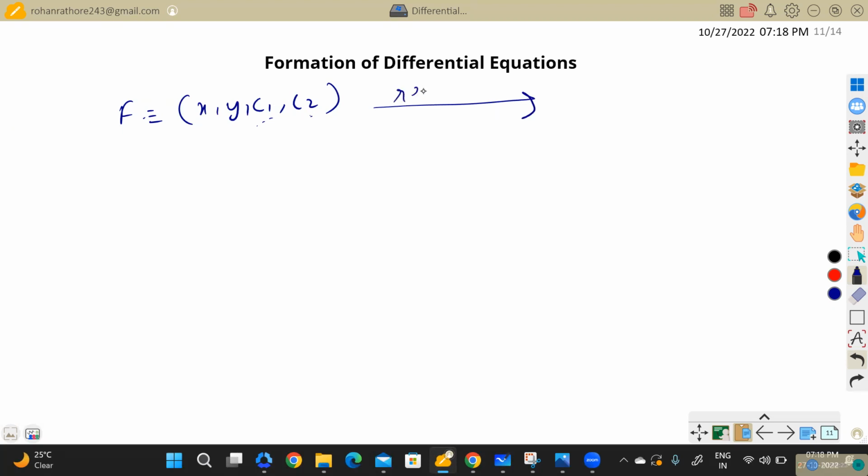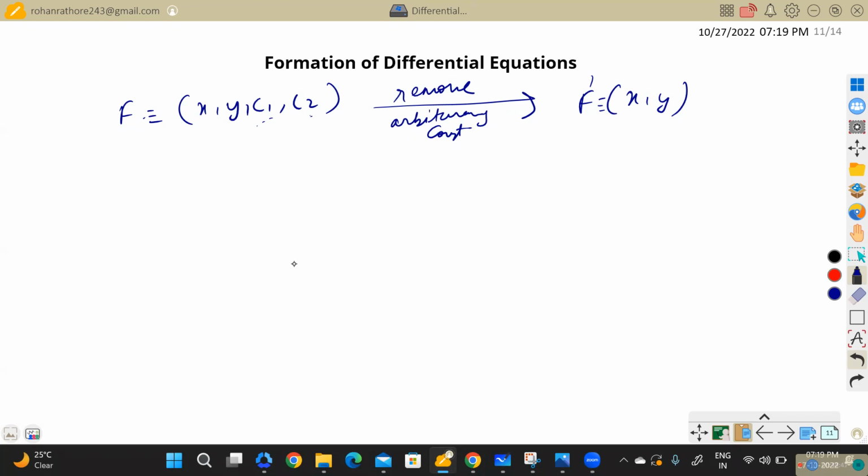You have to remove arbitrary constants to get something like f dash of x, y. In the differential equation, there shouldn't be any arbitrary constant present. And when that step happens, we'll say that we have formed the differential equation.